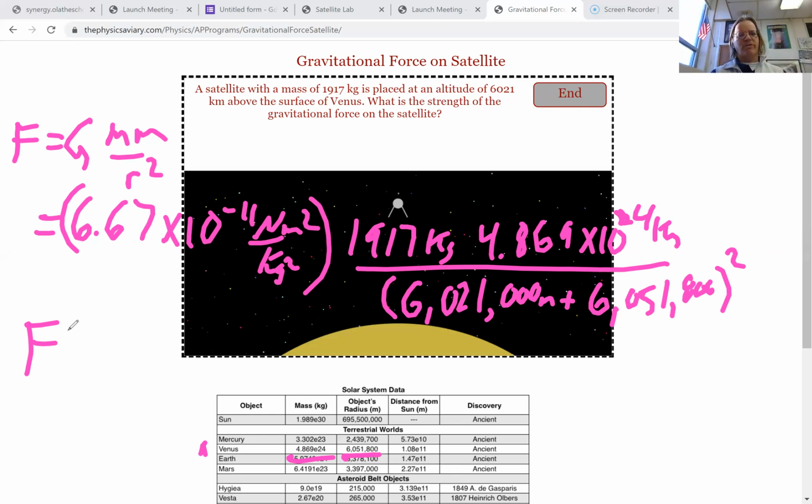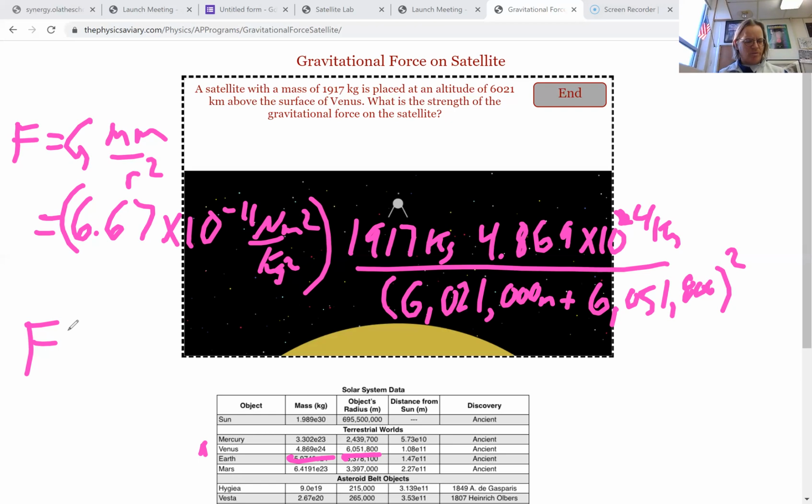I don't need parentheses for the first part. 6.67, second function EE, negative 11, times 1917, times 4.86, second function EE, 24, divided by, I need parentheses on this one, parentheses 6,021 and 3 zeros, plus 6,051,800, and close parentheses.